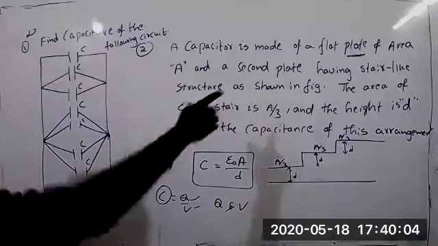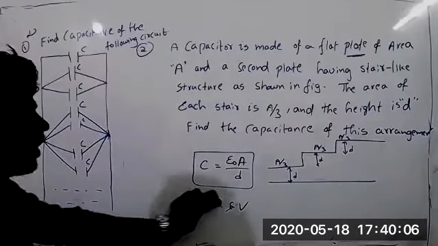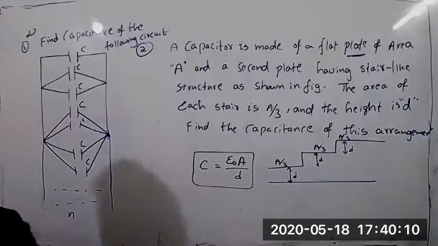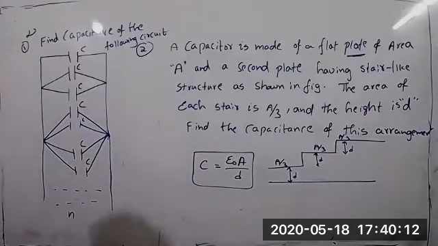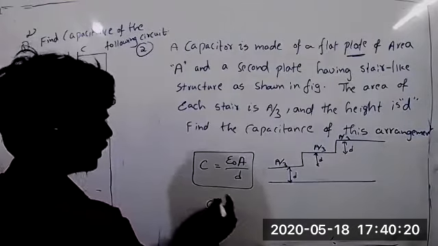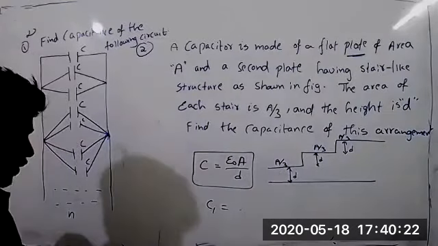Here they have given plates, so the area and the distance between two plates are given. Immediately there is one formula, that is C equals epsilon naught A by d. C1.